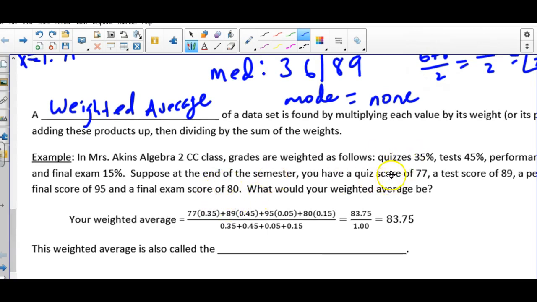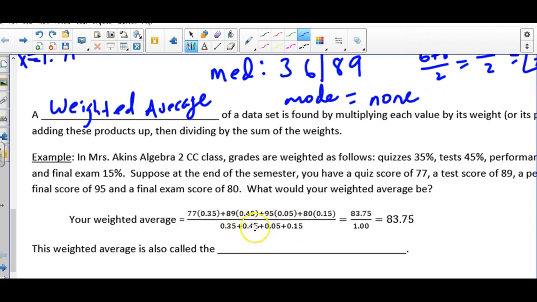The quiz you made a 77. Well, the quizzes are 35%, so you have 0.35 times 77. On a test that you made 89 on, it's 45%, so you have 89 times 0.45. That's the weight. And then you made 95 on a performance final, where it has a weight of 5%. And the final exam, you made an 80 on it, and there's a weight of 15%.